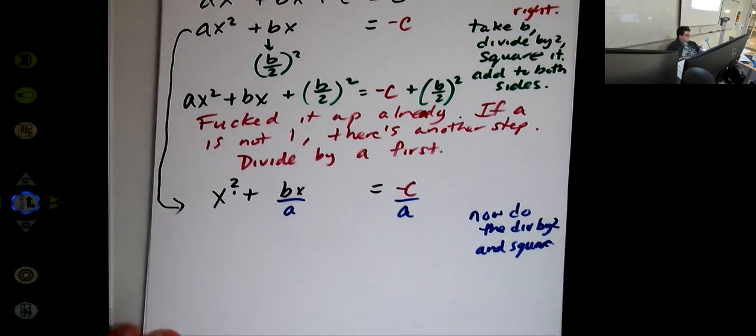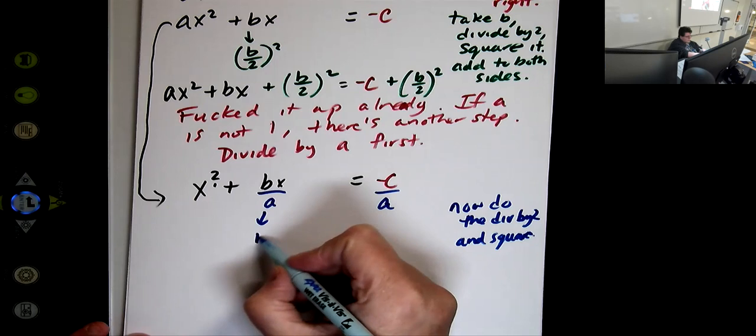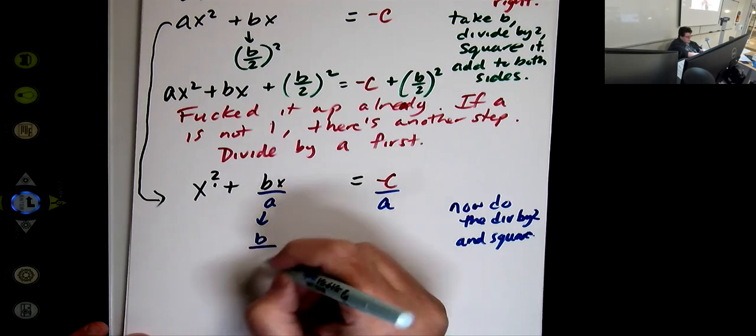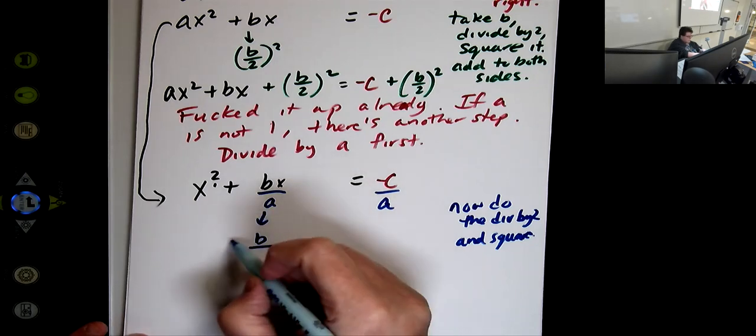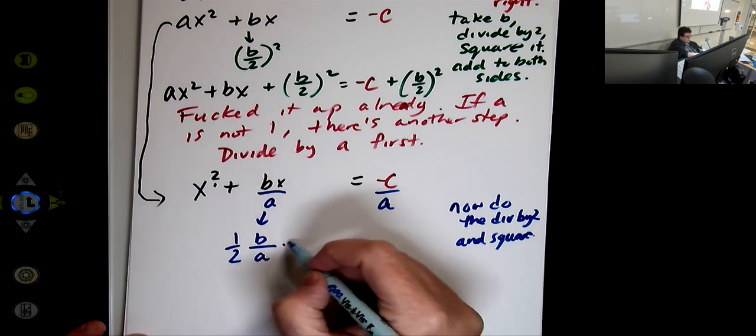I got all hasty. We'll just jump the gun. Here, the b over a, if I divide it by 2, it's the same thing as multiplying it by 1/2. So 1/2 times b over a is b over 2a.